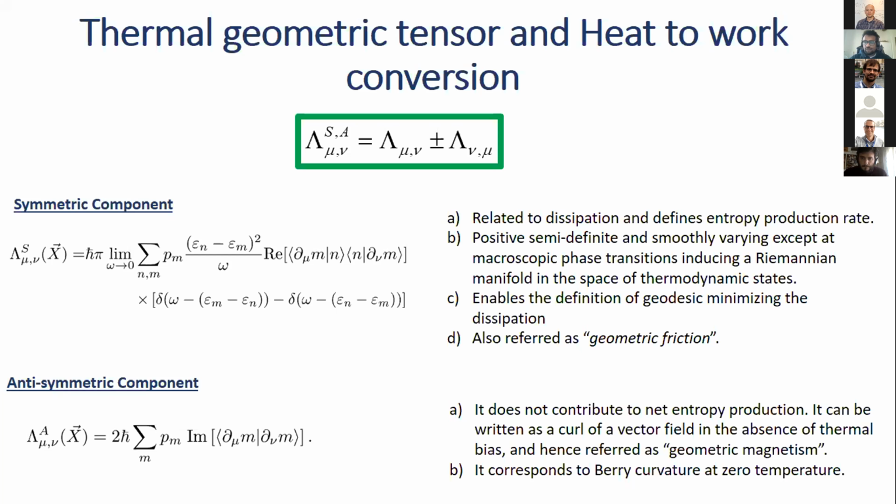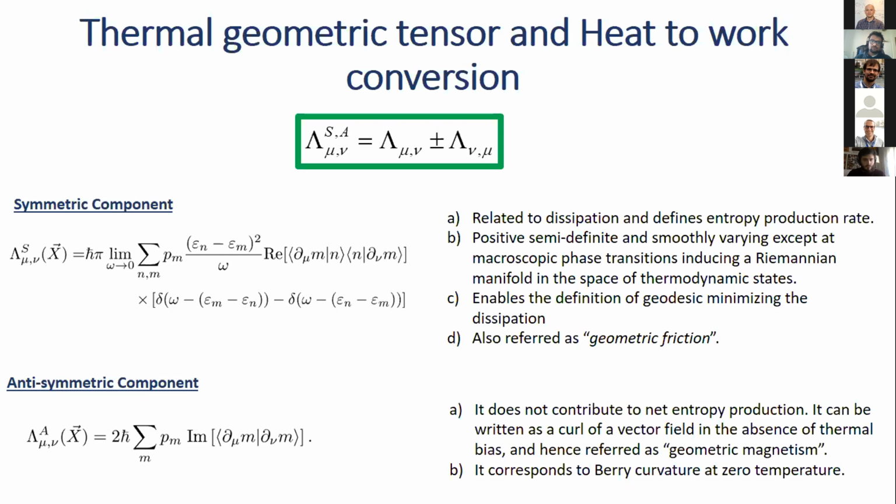So they have similarities, both the quantum geometric tensor and this thermodiabatic tensor. The only difference is that the quantum geometric tensor is defined for a discrete spectrum, whereas this thermodiabatic tensor is defined for a continuous spectrum. So we call this big lambda the thermal geometric tensor in our case.